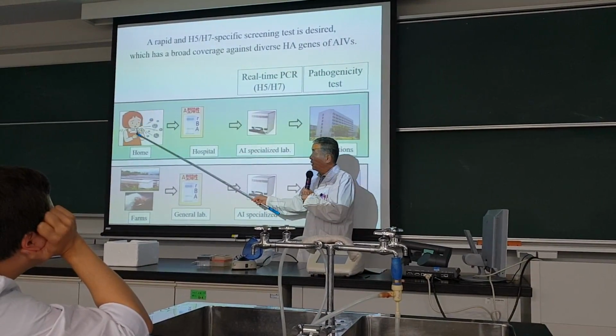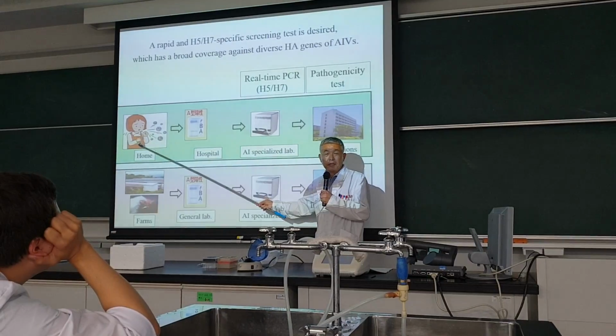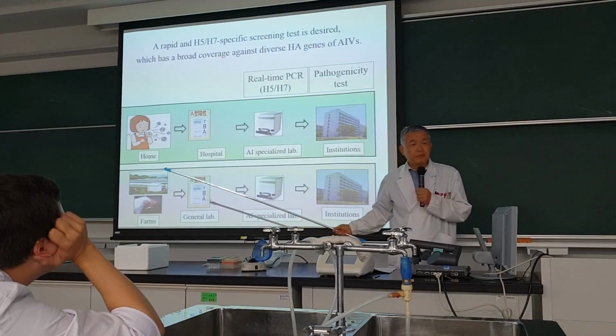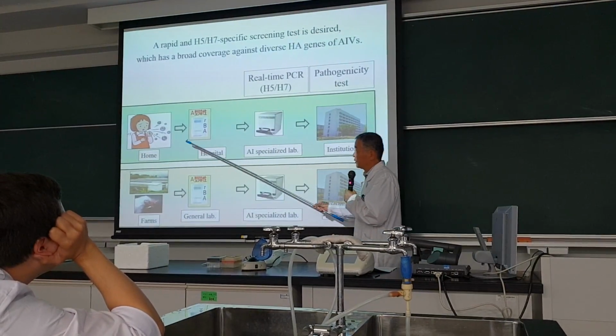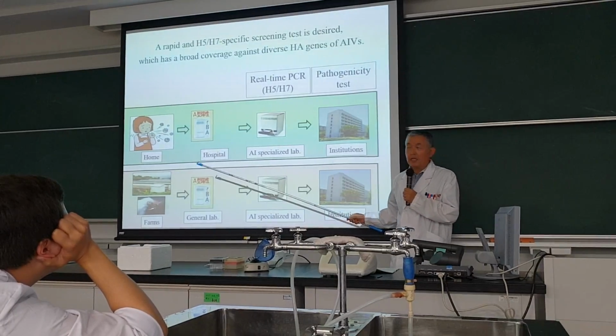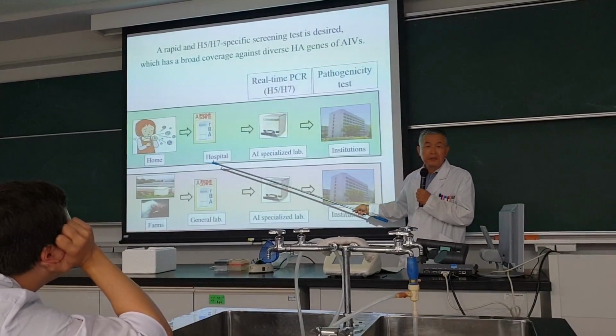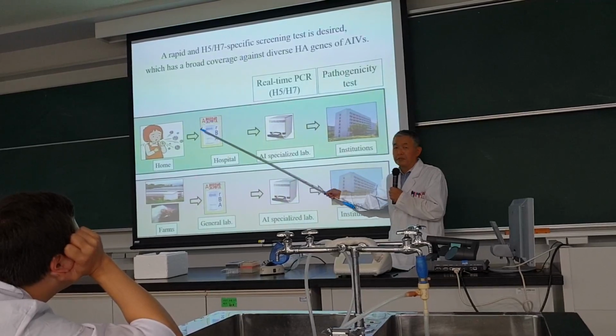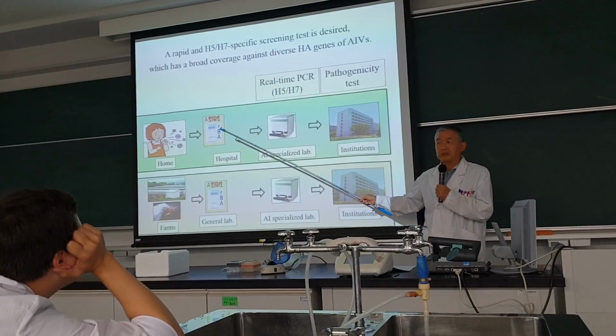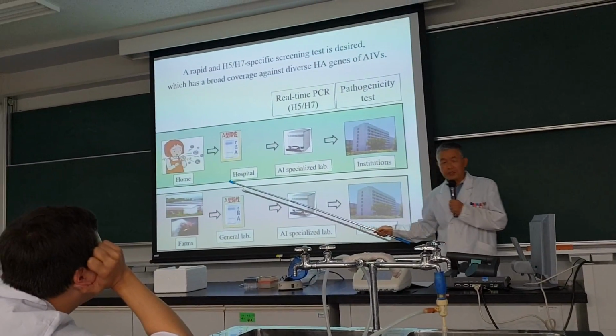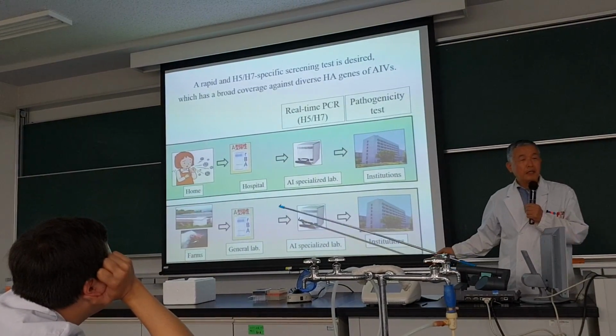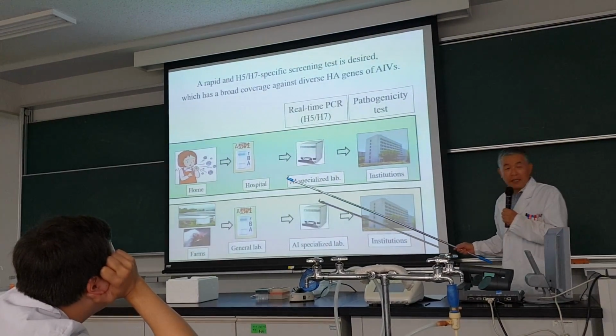In the future, if we have a new subtype of influenza pandemic, patients come to the hospital and samples should be brought in. But at the same time, seasonal influenza is there, so we cannot differentiate seasonal influenza from the new pandemic.